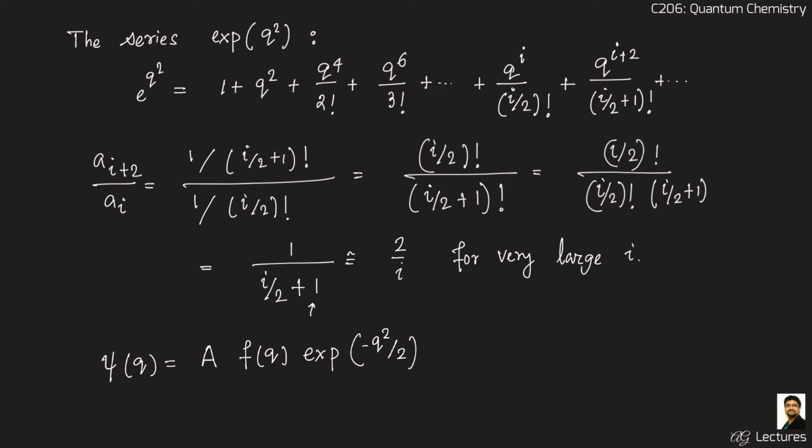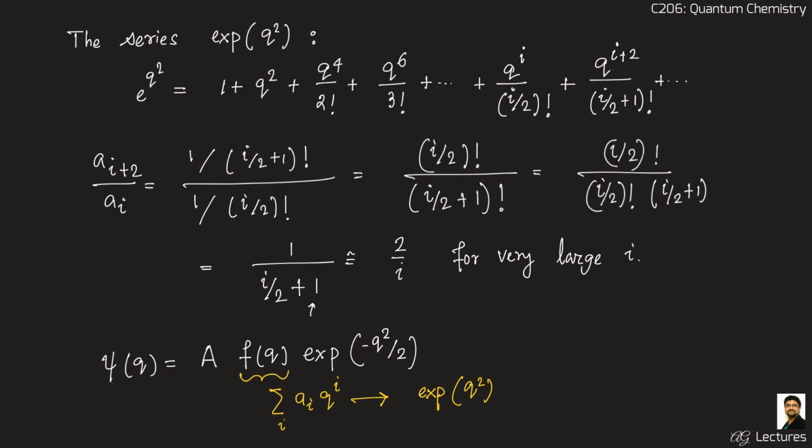Now, if this particular function, which is represented by this infinite power series, really keeps the infinite number of terms, this particular series will start behaving in the same way as the function e to the power q square, because that is exactly what we have seen: e to the power q square has exactly the same ratio of a_(i+2) to a_i for large i as f, right?